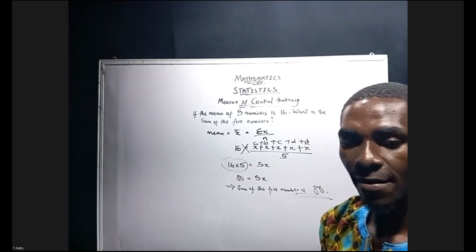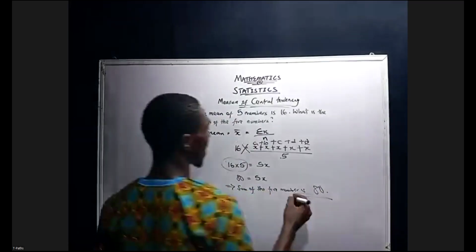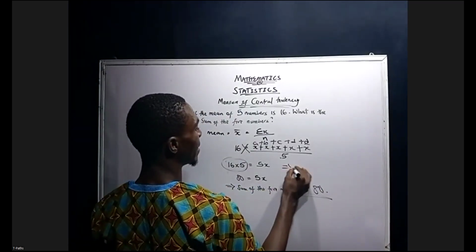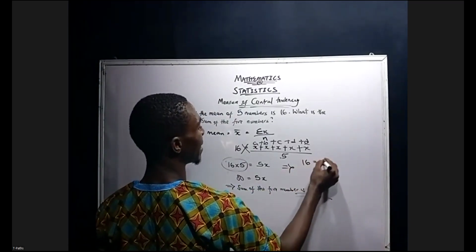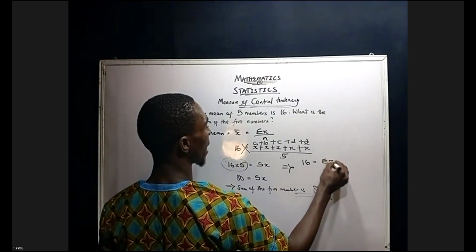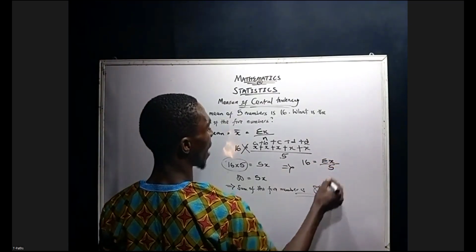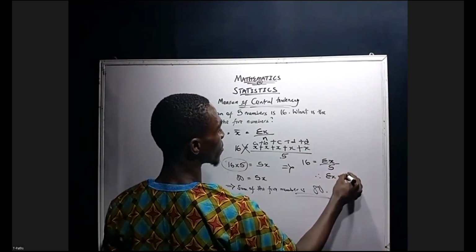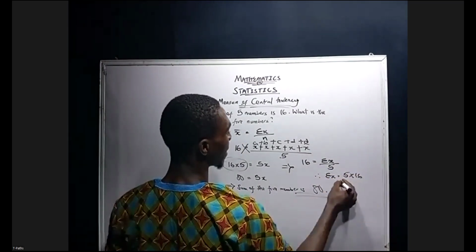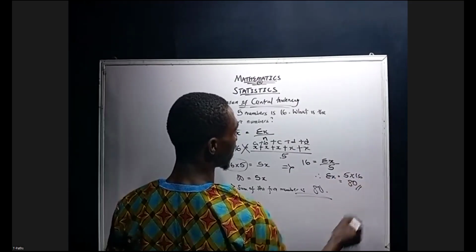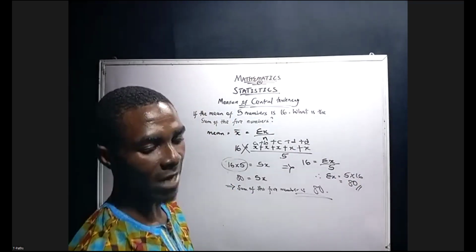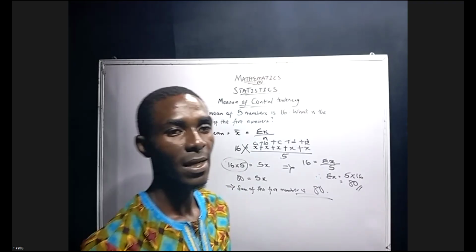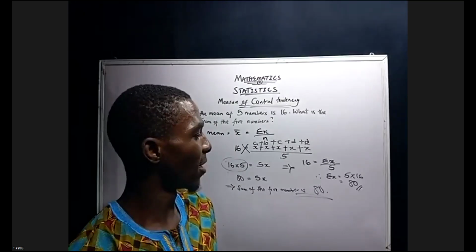So here we can say that 16 equals summation x over 5. Therefore, summation x equals 5 times 16, and the final answer is 80. Very good idea. Any other question or suggestion?